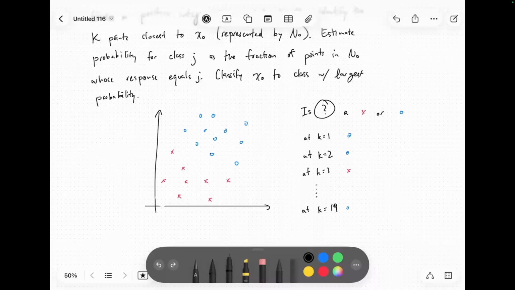So if I did a point here and you did k equals 5, then if this was runtime and this was rating, unscaled, would this be red or blue?